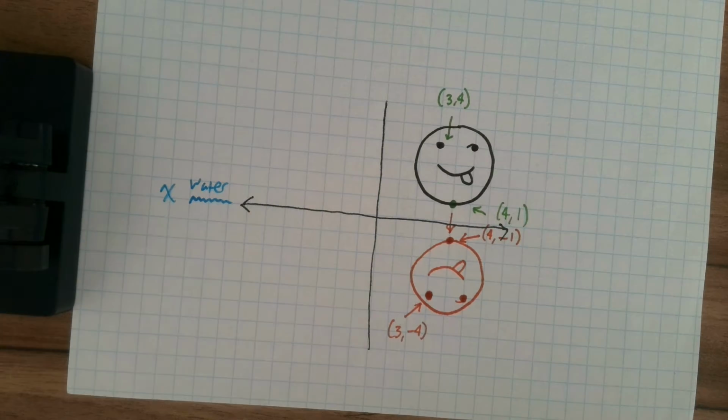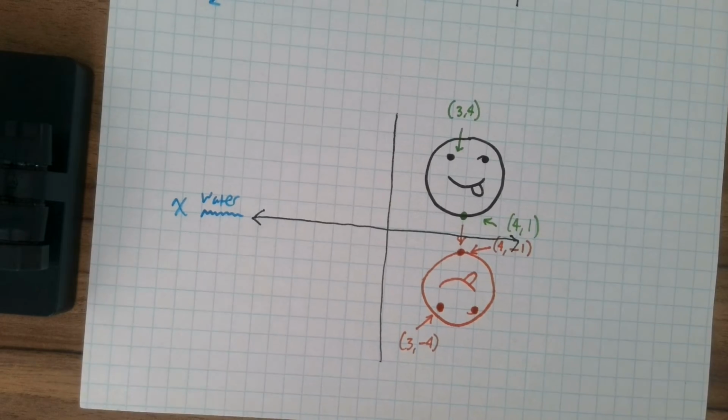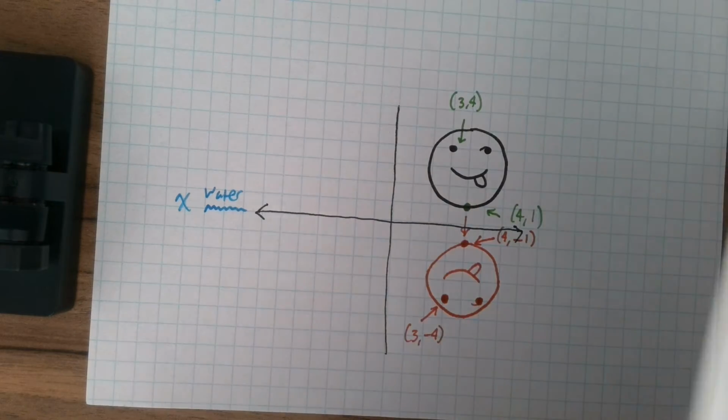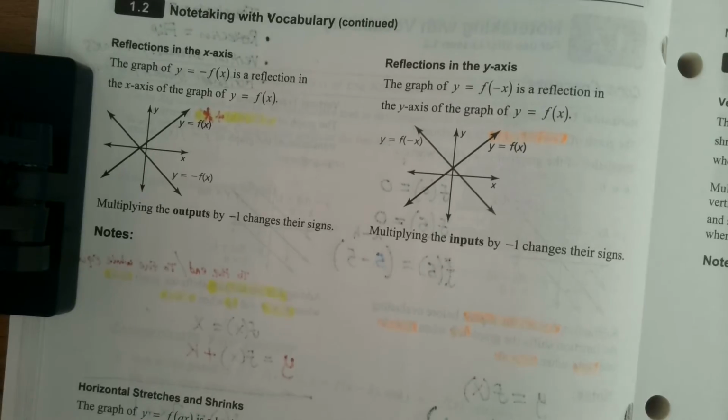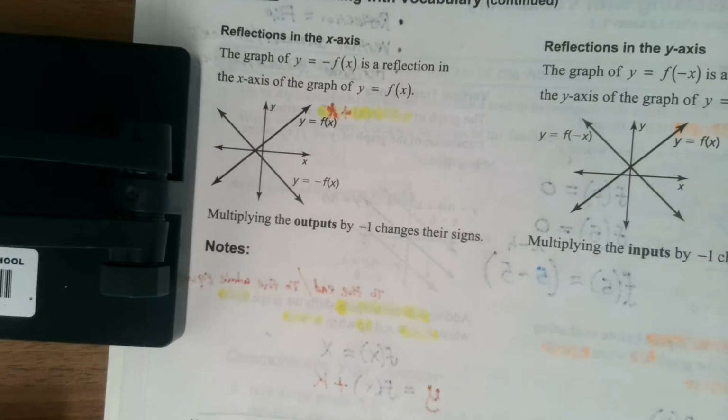If you said the outputs, you're correct, because y values are called outputs. This means to reflect over the x-axis, all we need to keep in mind is, hey, your x values should stay the same. Your outputs, or what you get out of the equation, should flip. They should flip to be negative.